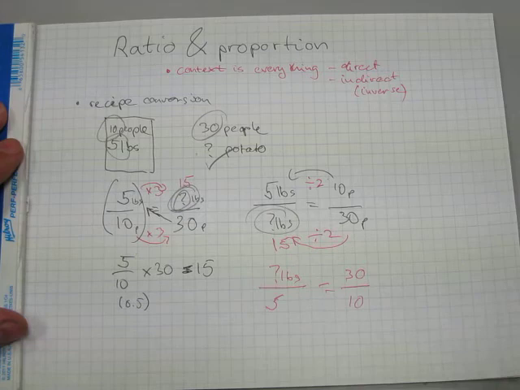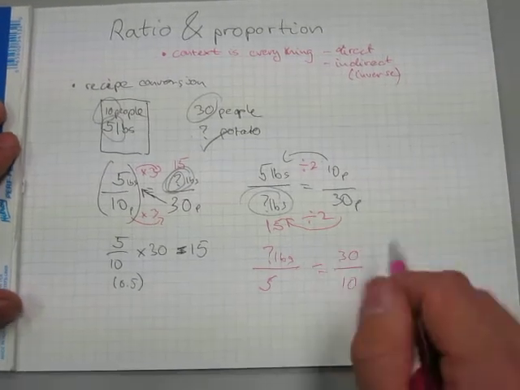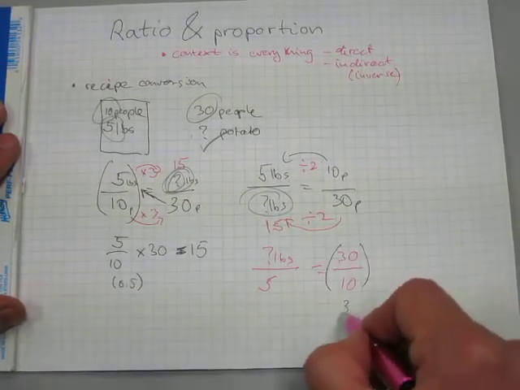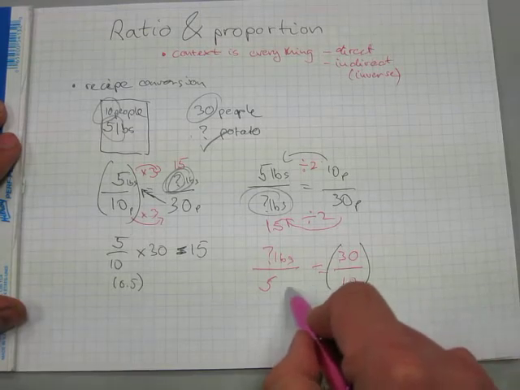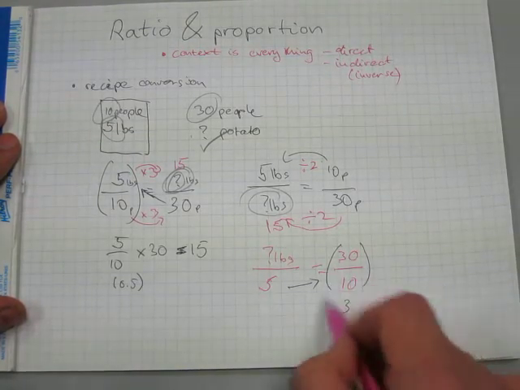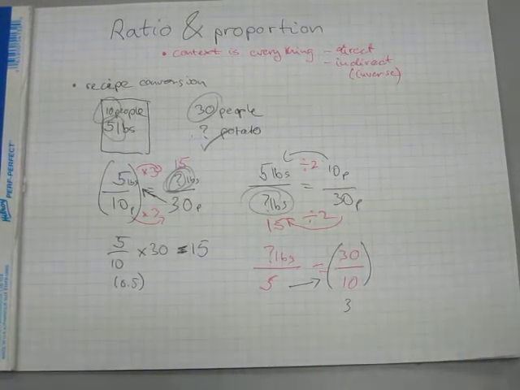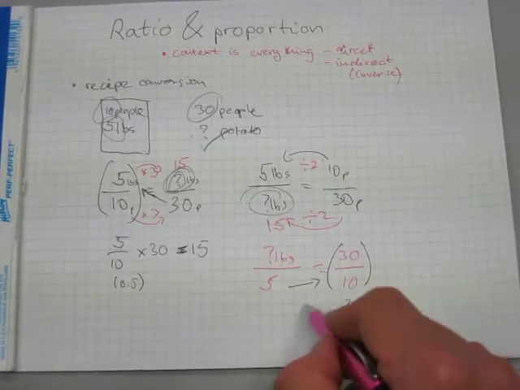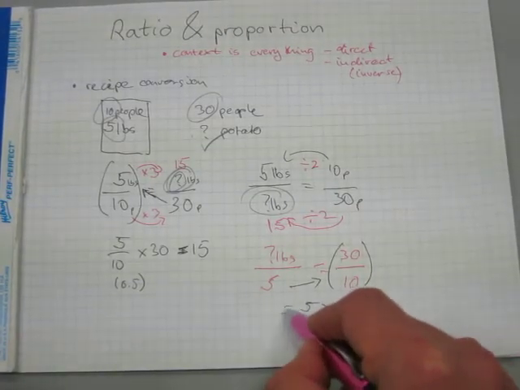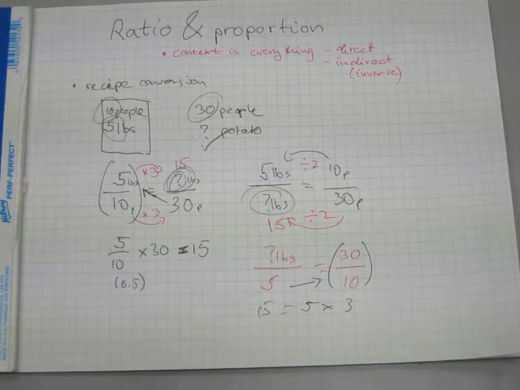And then what you can do is 30 divided by 10 is 3, and you times the 5 with the quotient of that division. 5 times 3 is 15, and 15 is the requested amount.